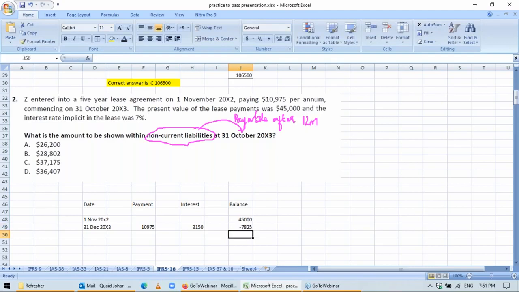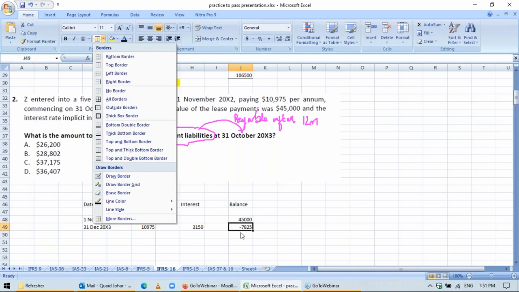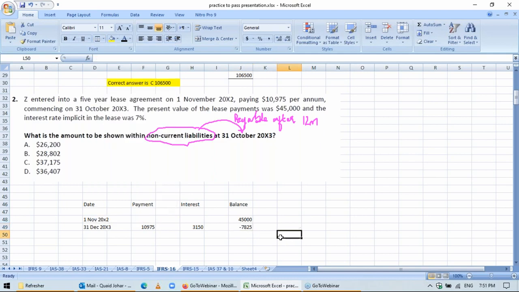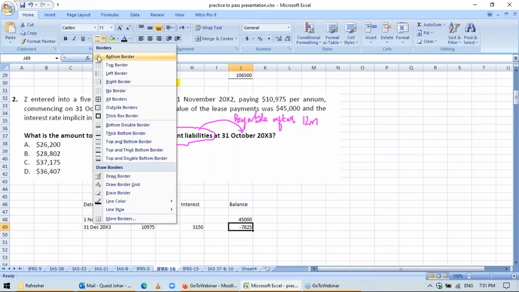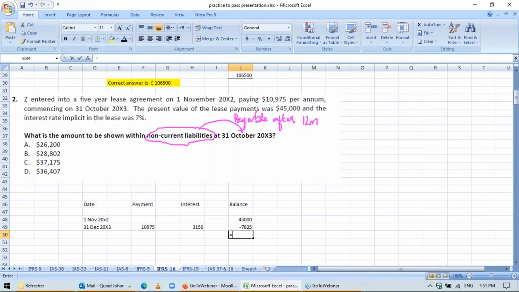So the liability decreases from 45,000 to the new balance, which is 37175. Now 37175 is the balance to be reported in the financial statements, right?